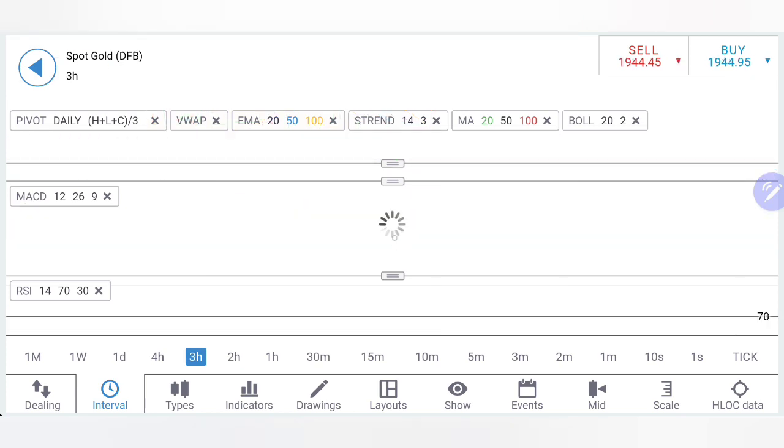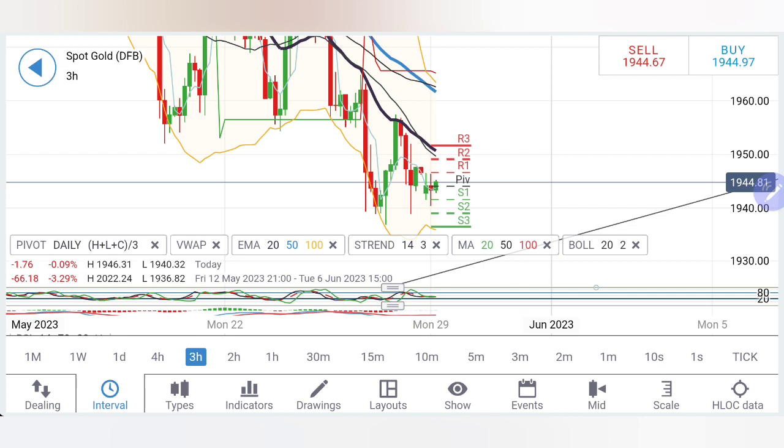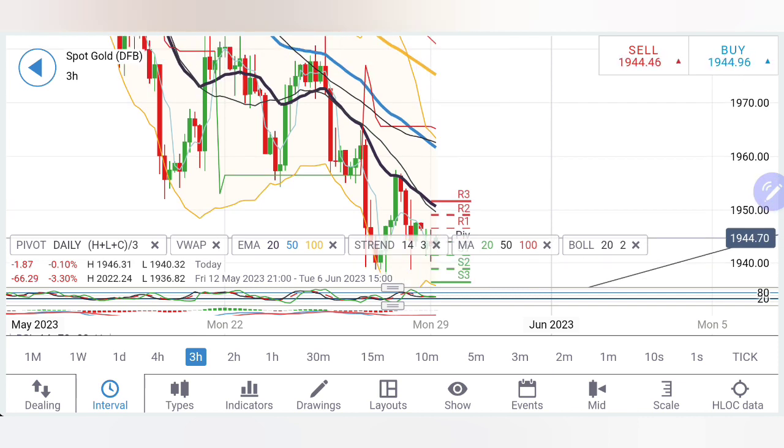RSI almost flat. Now look at the 3-hour chart. On the 3-hour chart, similar is the observation. Wait for it to break past 1950 levels, beyond which you can expect 1955 and 1960, but one has to remain extra cautious and alert. One bottom reversal, second bottom, it can try to reverse a bit. How far can it go?